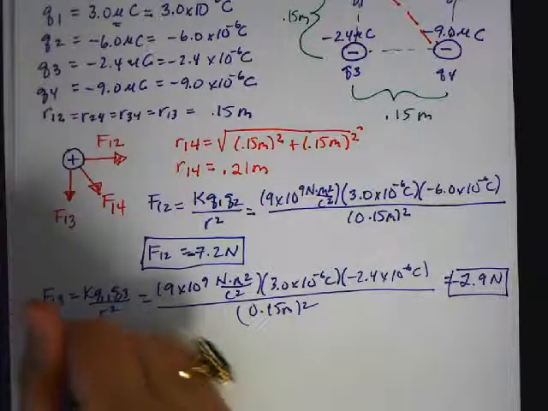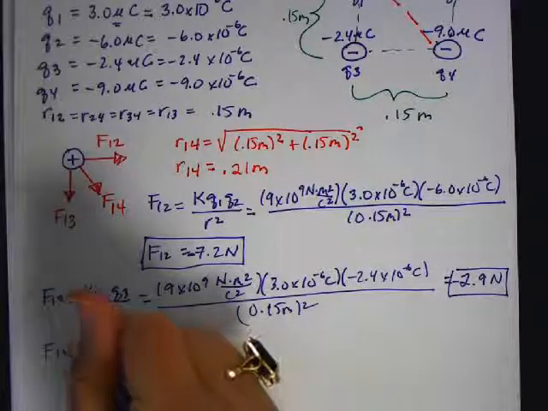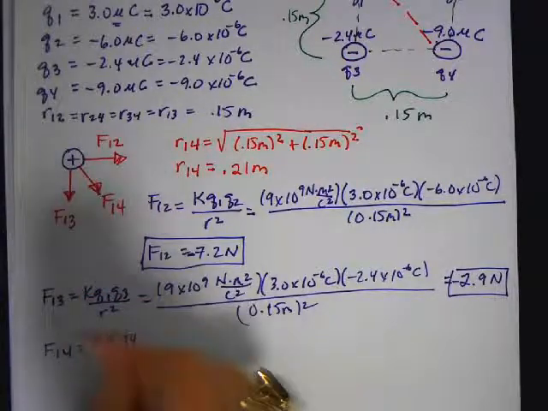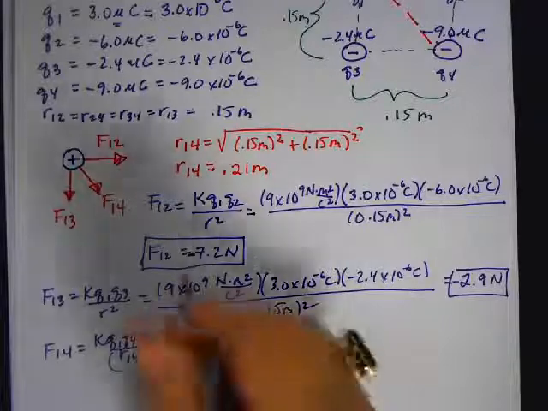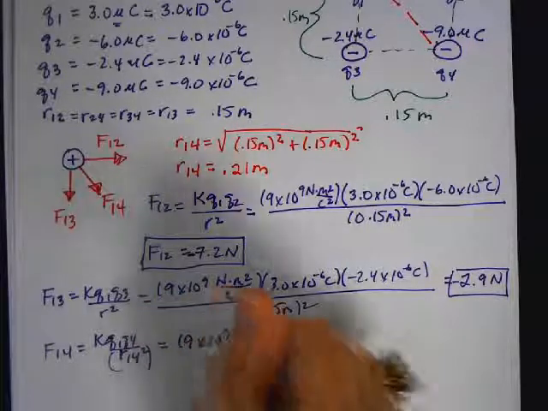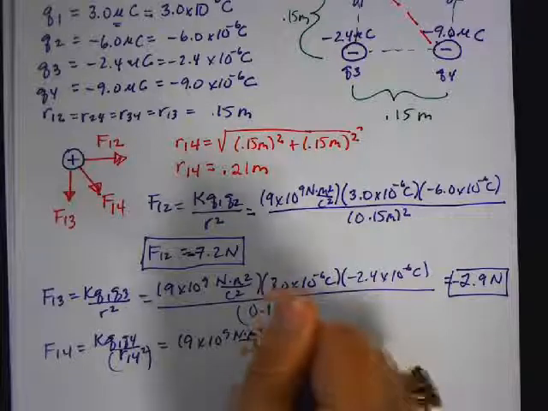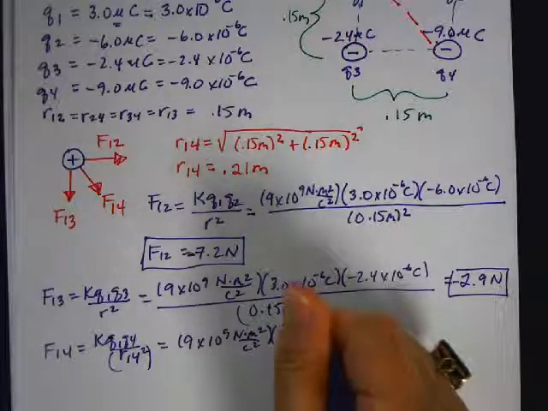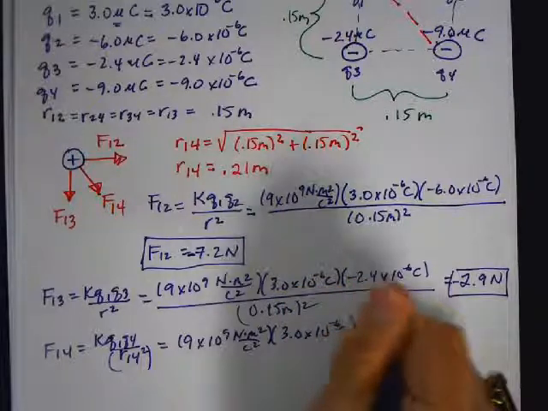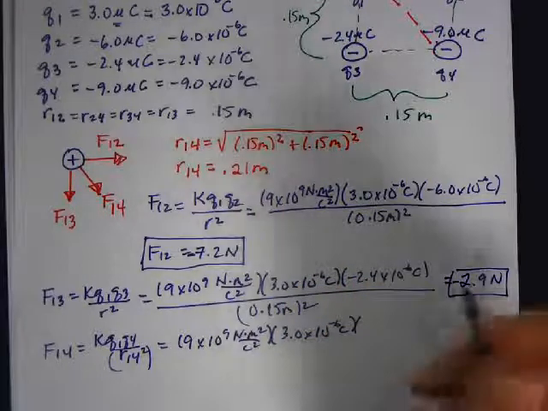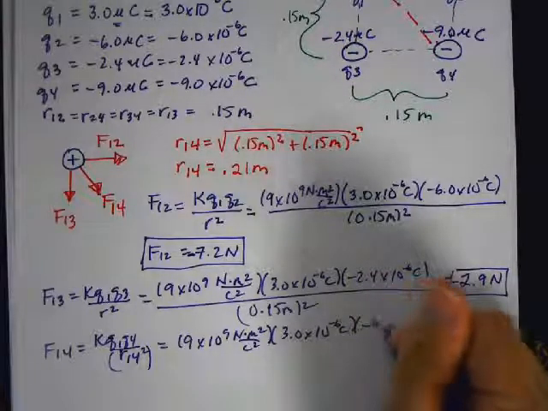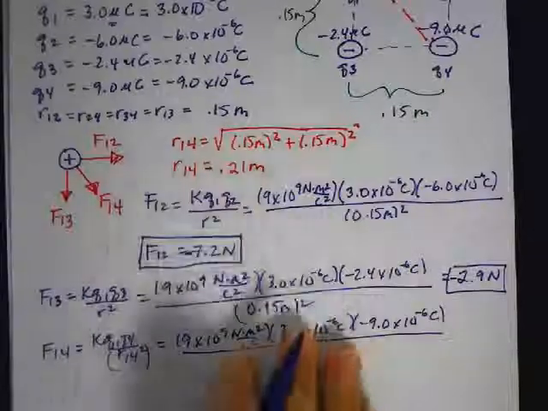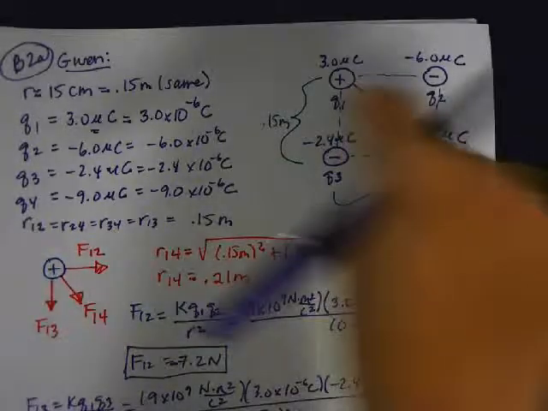So F14 is equal to K Q1 Q4 over R14 squared. Remember, now R14 is different. So this is going to be 9 times 10 to the 9 newton meter squared per coulomb squared times Q1, 3 times 10 to the negative 6, times Q4, which is negative 9 times 10 to the negative 6, divided by, now remember, the distance between these two is not 0.15.